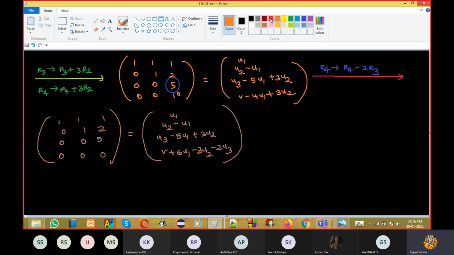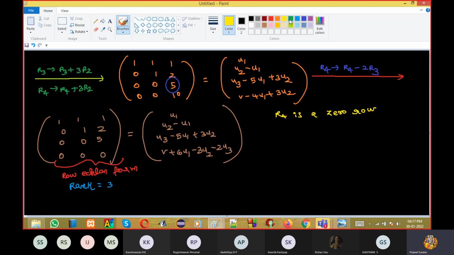Now tell me someone, is it in row echelon form? Can someone confirm? Yes. And what is the rank of the matrix? 3. Correct. Which means the last row is waste, meaning row 4 is a 0 row.